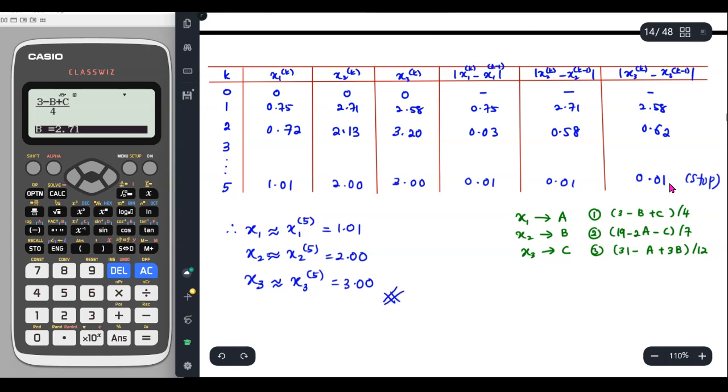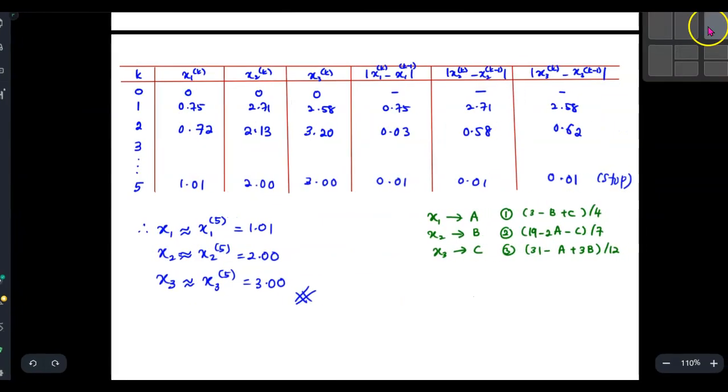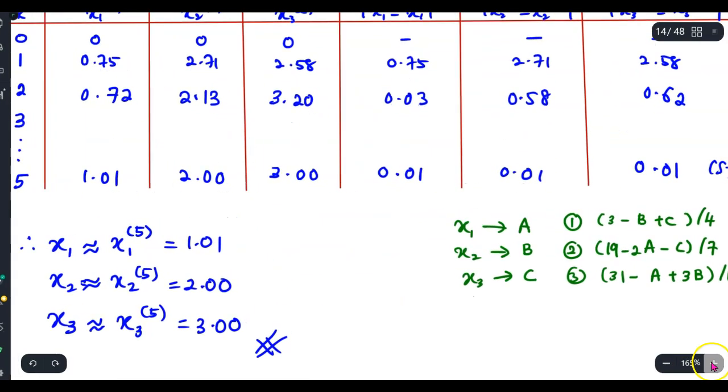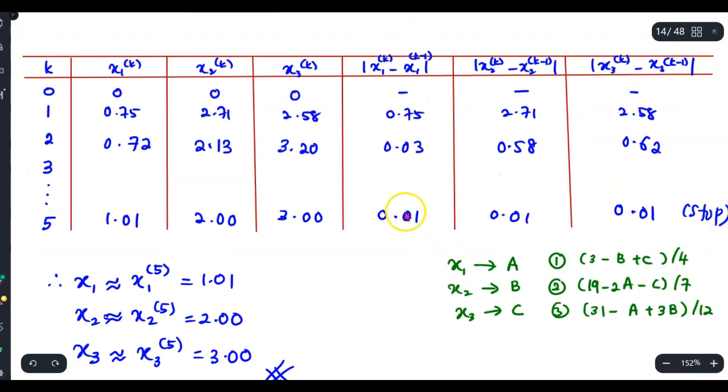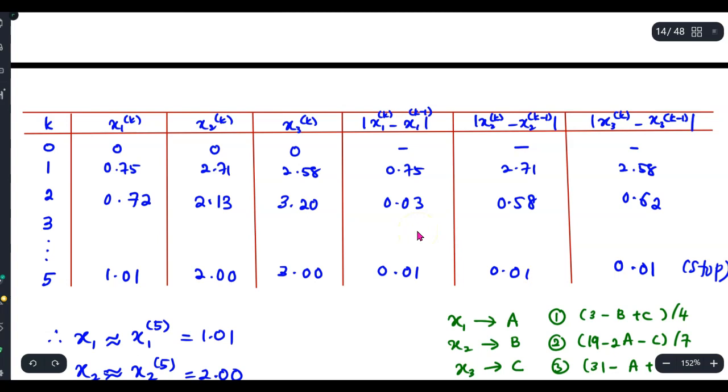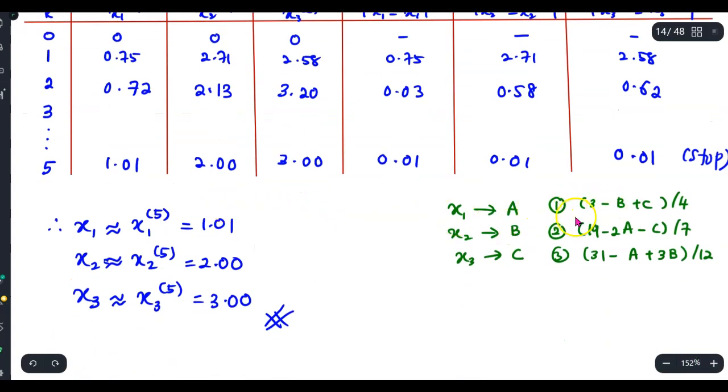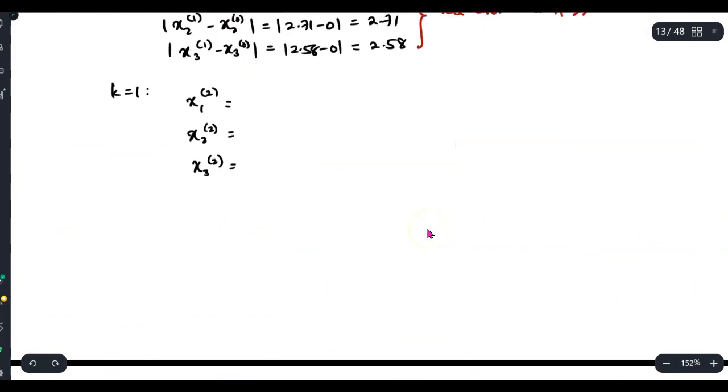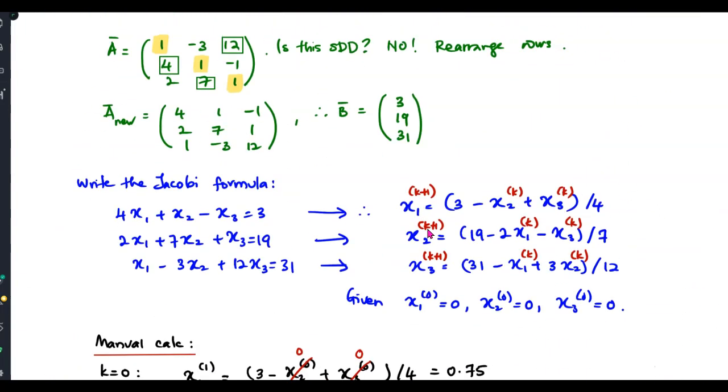So this is the process of Jacobi. In the exam, just use the calculator to speed up the calculation. But you should know at the first place how this thing works manually, otherwise you cannot relate with the equations that you have here in your calculator. So that's it for the Jacobi.